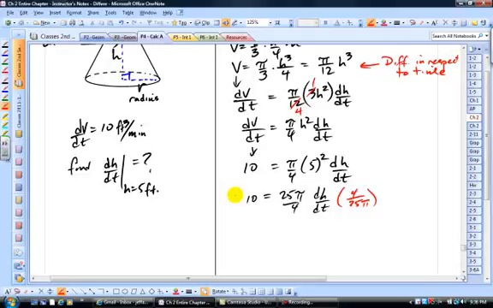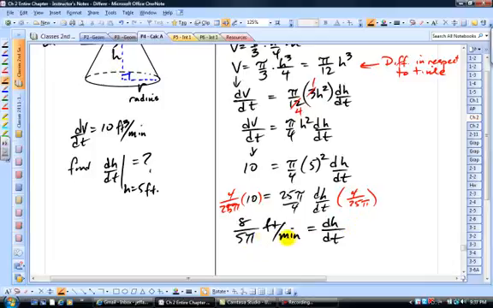Multiply both sides by 4 divided by 25 pi. What do I get? 10 25ths is 2/5, times 4 is 8. So 8 divided by 5 pi feet per minute, not centimeters, that was the last problem, equals the change in the height over time.